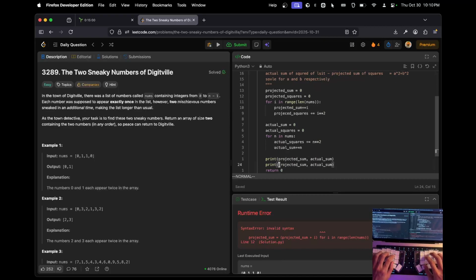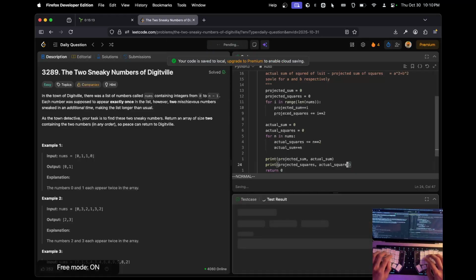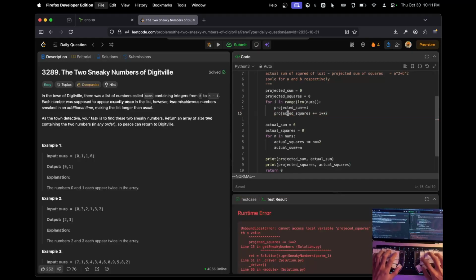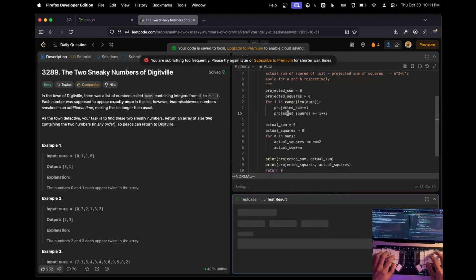And we're going to also want to print the actual ones of the squares. Should have chosen a better variable name.